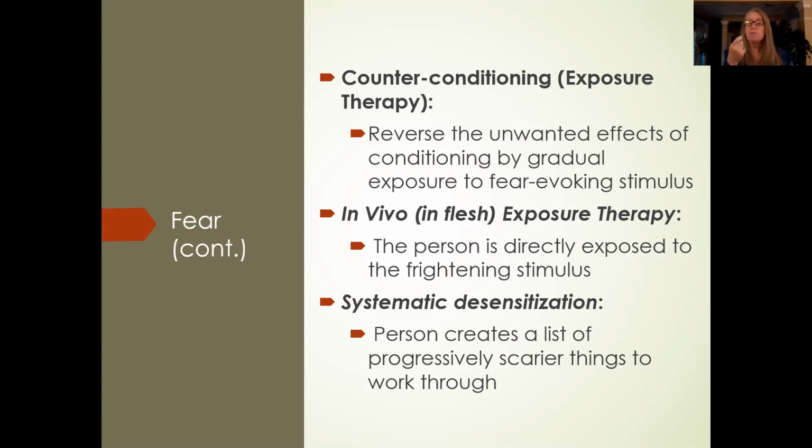When you're shown the picture of the rabbit, the person who has a rabbit phobia will become visibly distressed. Their heart rate will increase, their palms will sweat, their mouth will dry up. They're going to act as though they're very afraid, because they are. But then you pair that picture with something very nice.